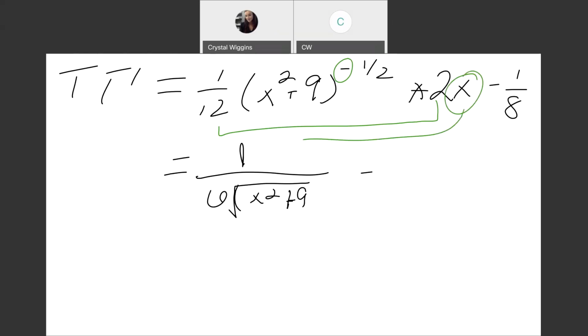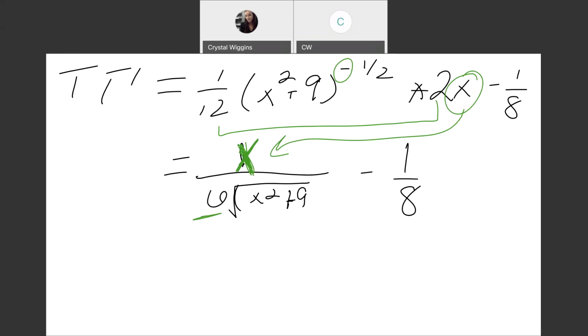So that x is going to stay in the numerator. The 2 and the 12, the 2 divided by 12 gave us the 1/6. So that's why this 6 is down here. Then we just subtract that 1/8.